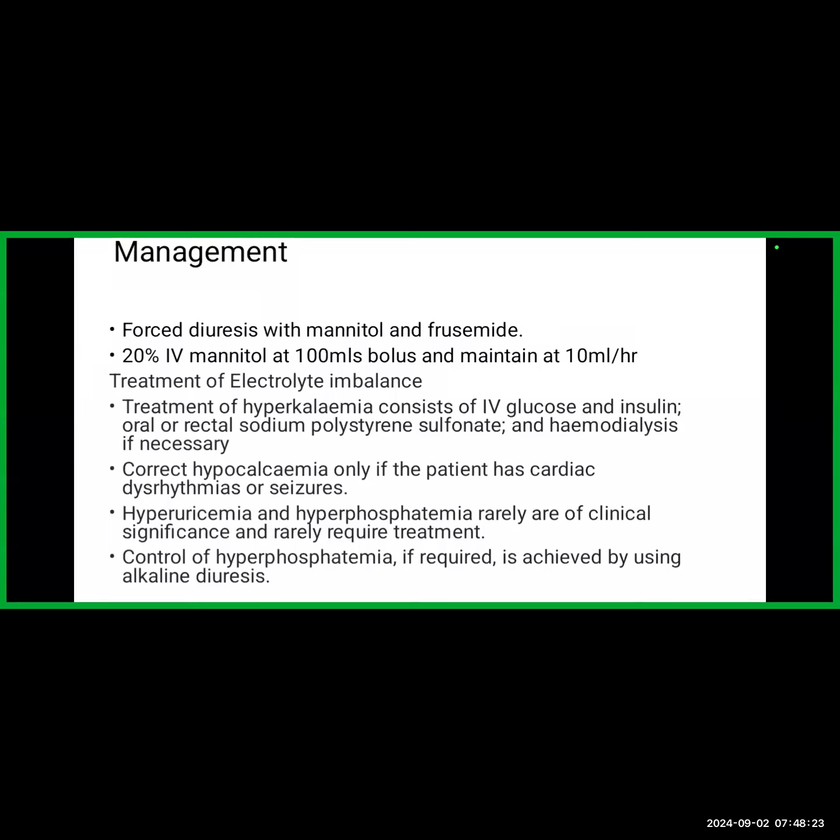Adequate hydration, then you can do your forced diuresis with mannitol at the rate that is stated. And then also, you can add the furosemide, depending on how adequate your urine output is. You will aim for a urine output of about 200 mL per hour. If there are other electrolyte disturbances, you can correct them as appropriate. Next slide, please.